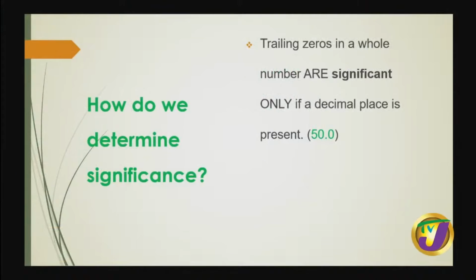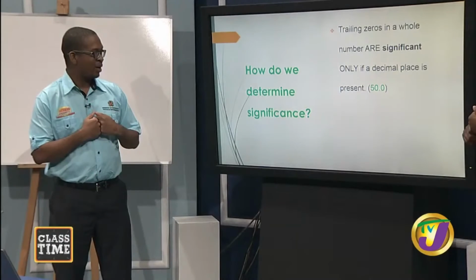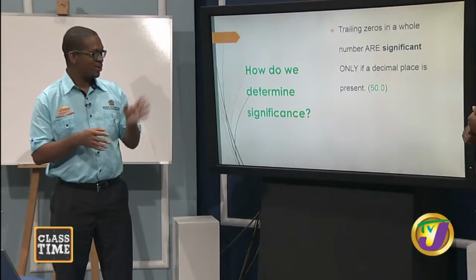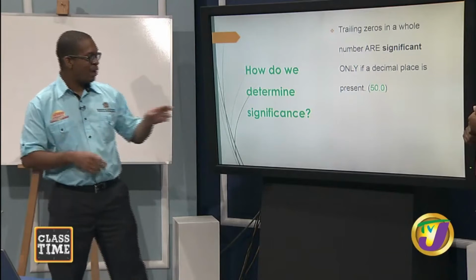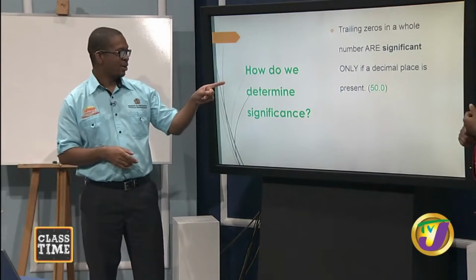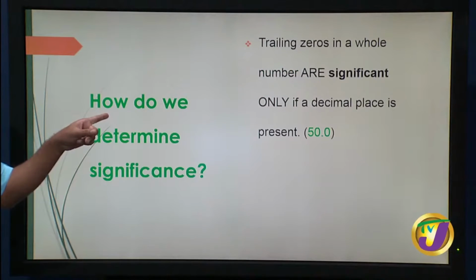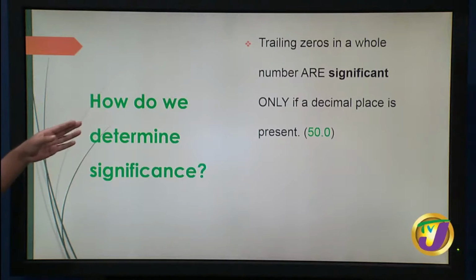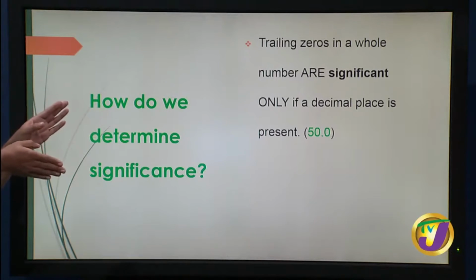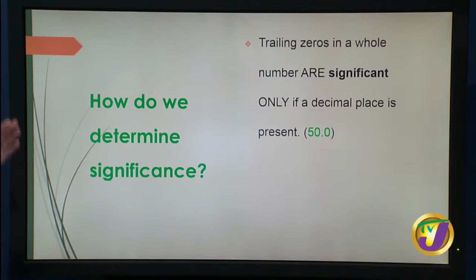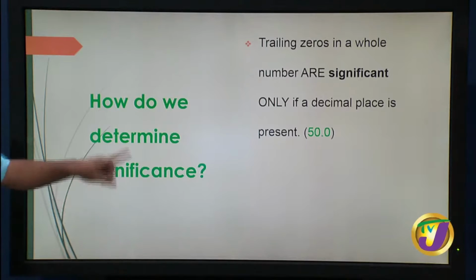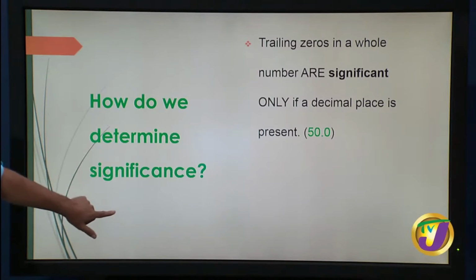In order to show that this number is to the nearest tenth, and to preserve the value of that tenth place, I would need that digit there. That zero right here? Yes. As opposed to just writing 50, which would not be to the nearest tenth. It would be to the nearest whole number. So we're seeing, in terms of preserving the place value, a main function of that zero. Good.